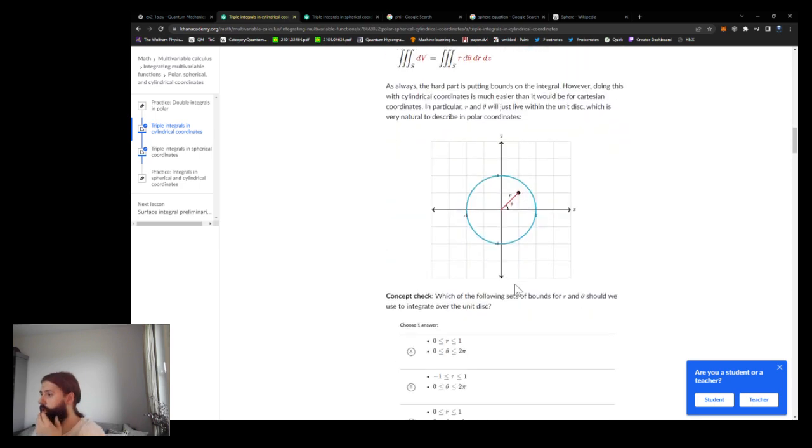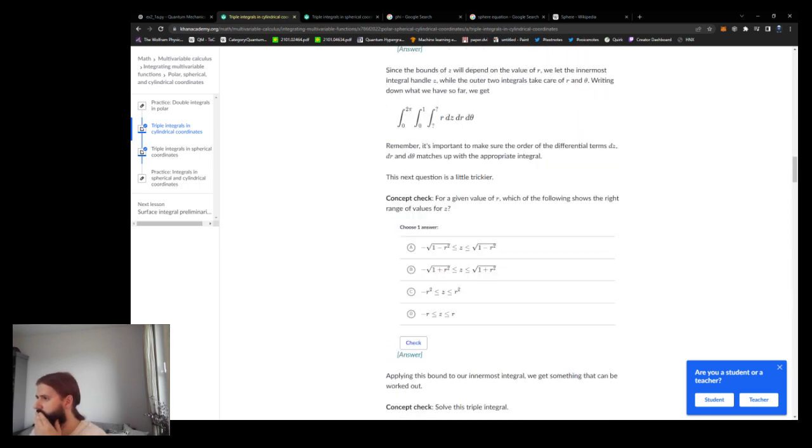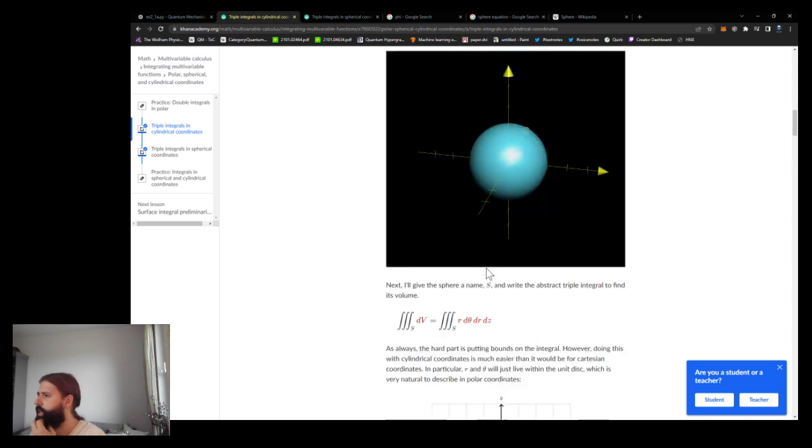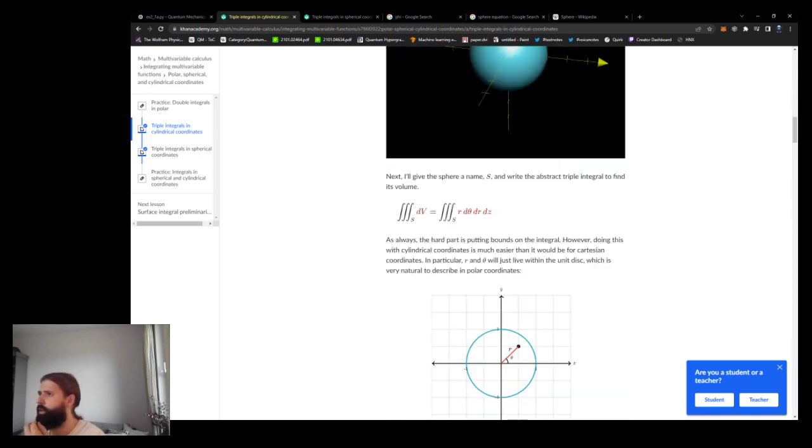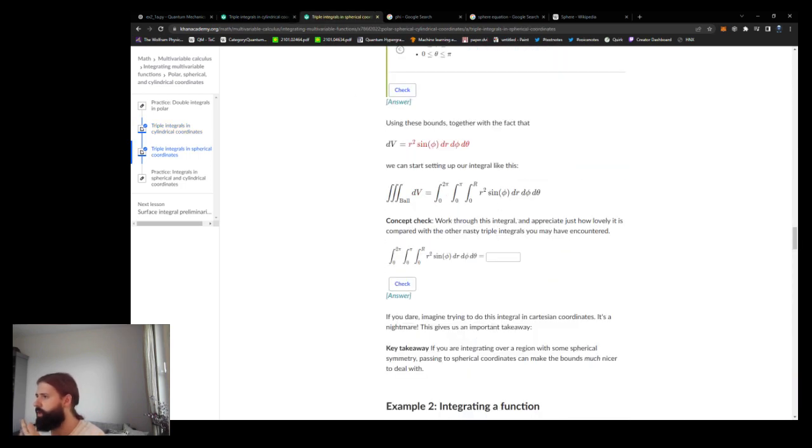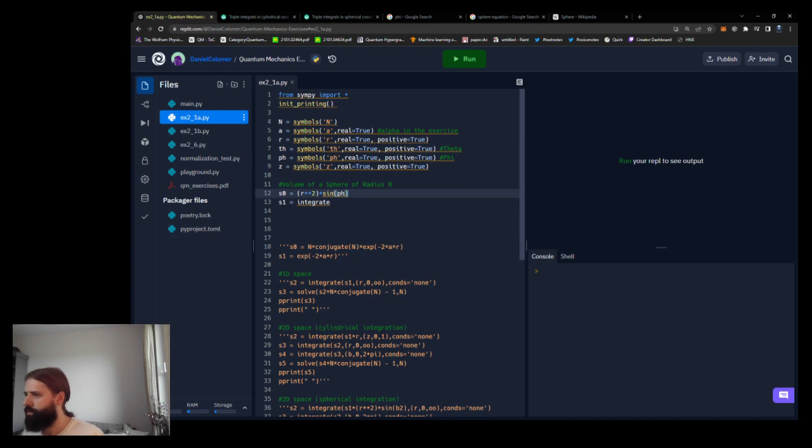That is what we're doing here, is it? Spherical coordinates, here: r squared sine phi, and then we do, yeah, exactly.